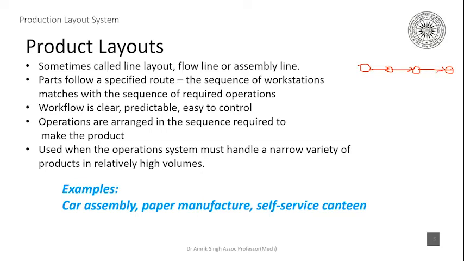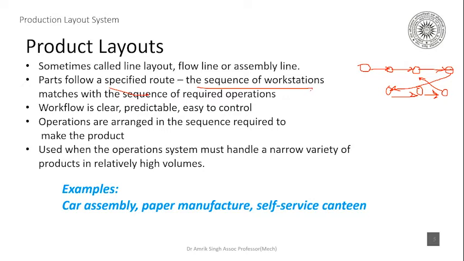But suppose there are many more lines. So from here it will go here and then again here and might be from here again it goes to the other machine. So that means a sequence. So a specified route and a sequence of the workstations.